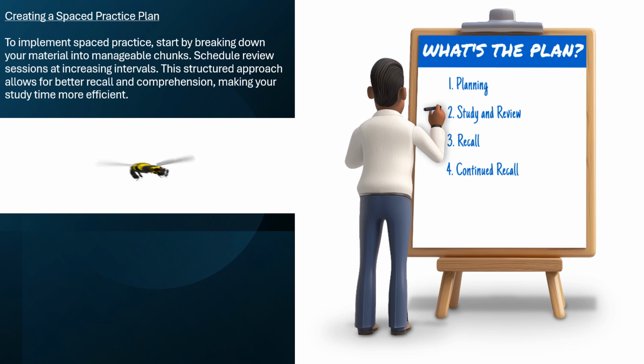Number 3, recall. Challenge students to recall the material they learned after the first learning session. This step prompts students to actively retrieve the information and strengthen their memory of the material. Step 4, continued recall.